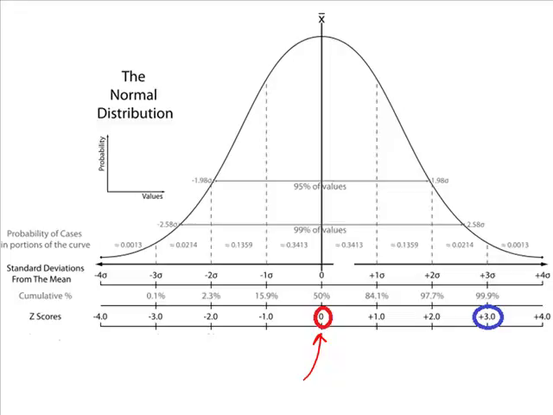So on our z-axis, what we have here, for example, when we were talking about the empirical rule, we were measuring the area under the curve in terms of the standard deviations. So 68% of our observations are going to be within plus and minus 1 standard deviation. That 68%, 0.68, is the area under the curve. 95% of our values are going to be within 2 standard deviations from the mean.